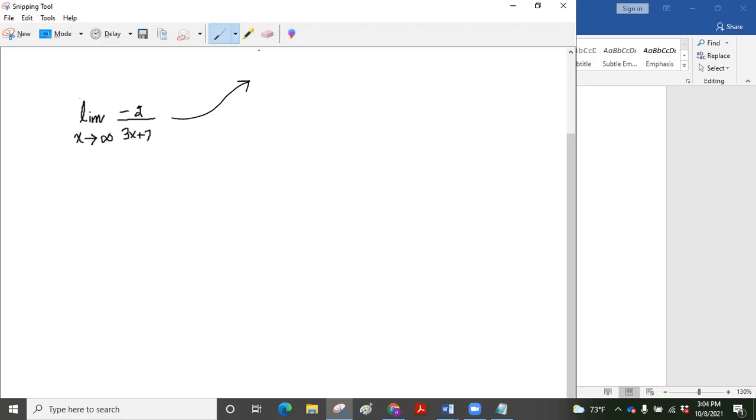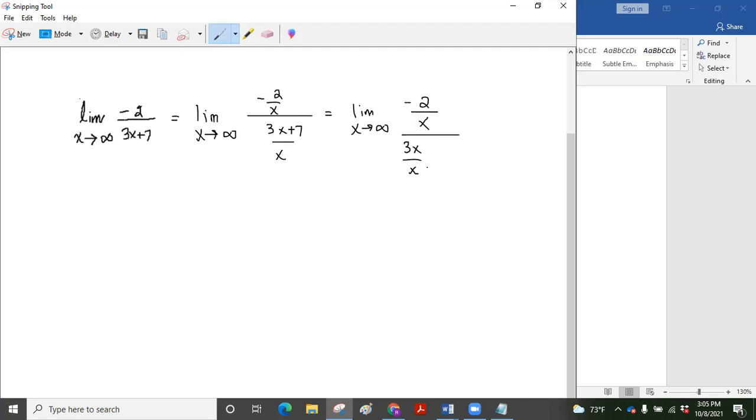So what we can say here is that this is equal to the limit as x approaches infinity of -2 over x, over 3x over x plus 7 over x, which is equal to the limit as x approaches infinity of -2 over x over 3 plus 7 over x.